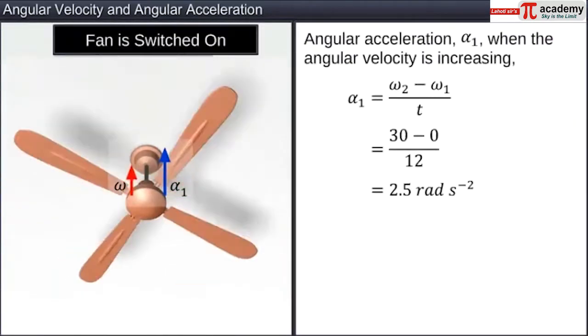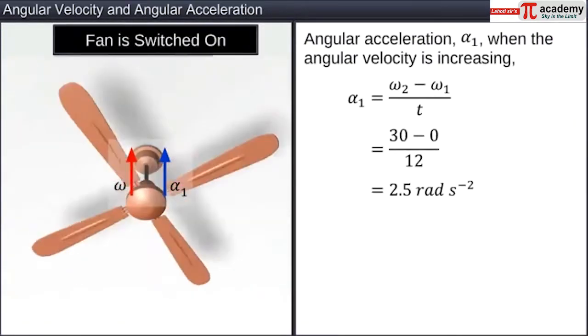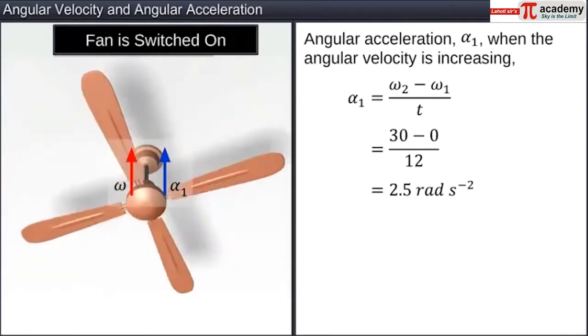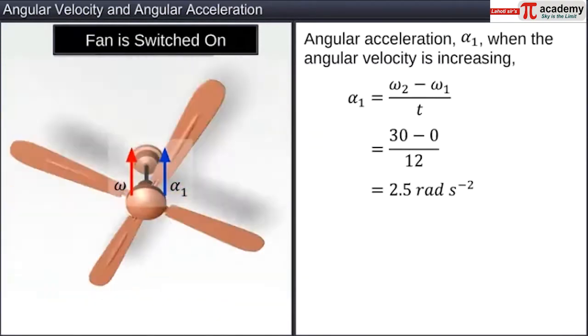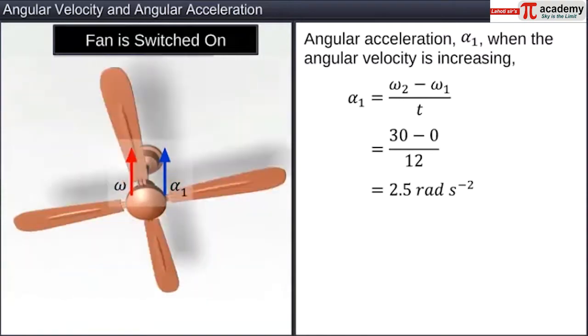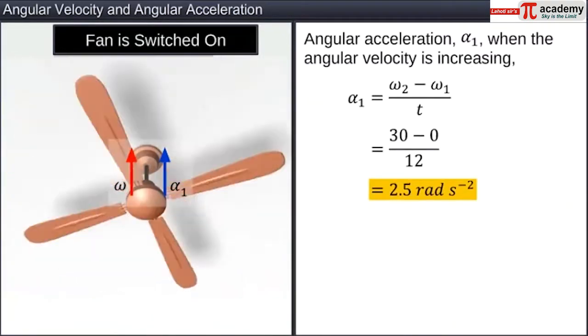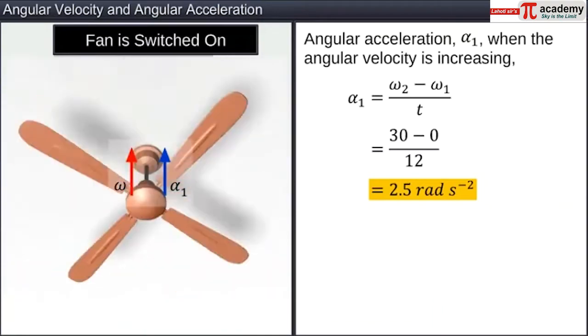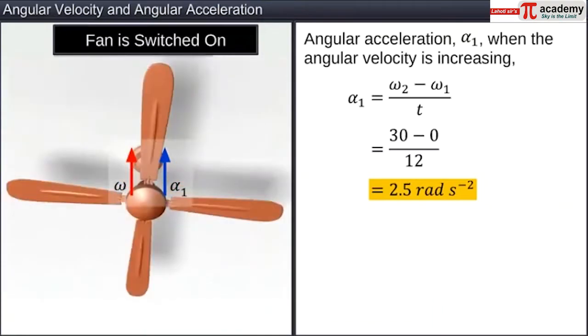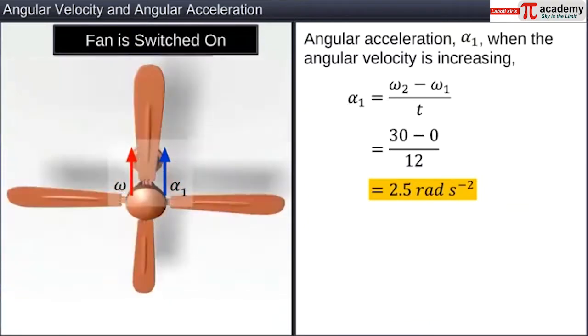In the case of increasing angular velocity, we get the angular acceleration alpha 1 is equal to 2.5 radians per second squared. In this case, both angular velocity and angular acceleration are in the same direction.